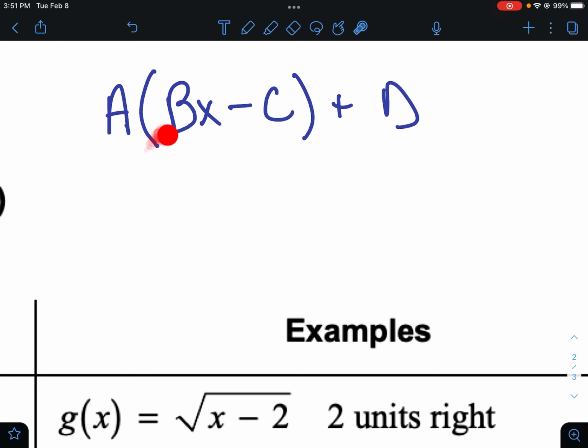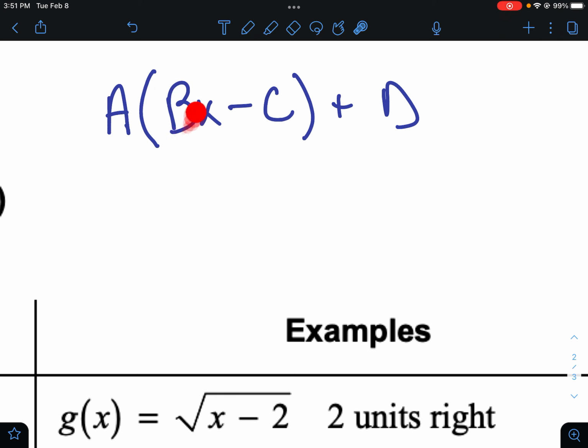If you remember this from first semester, each one of these did different things. For example, c moved it left and right. You just had to be careful with this negative sign. It always moves it opposite of what you think it would be. And the number out here always moved it up and down.